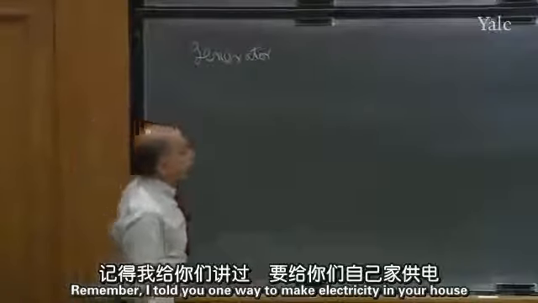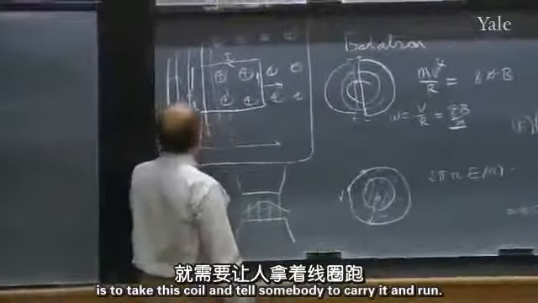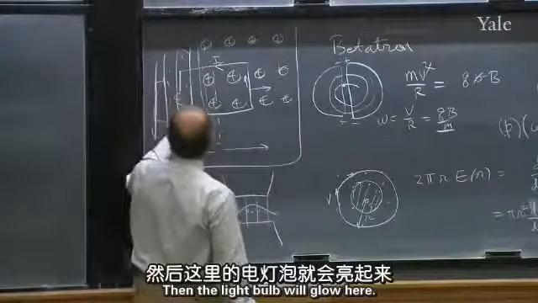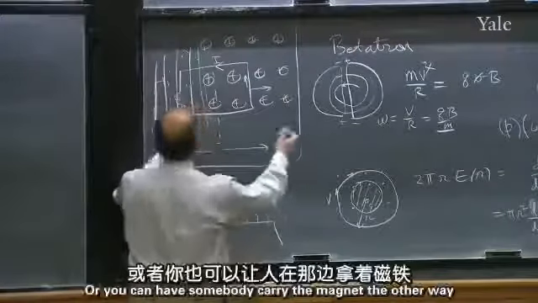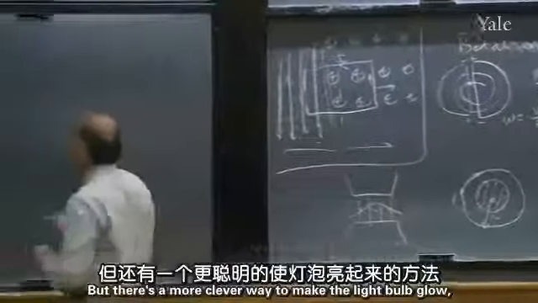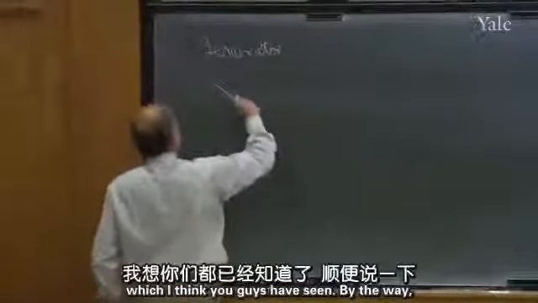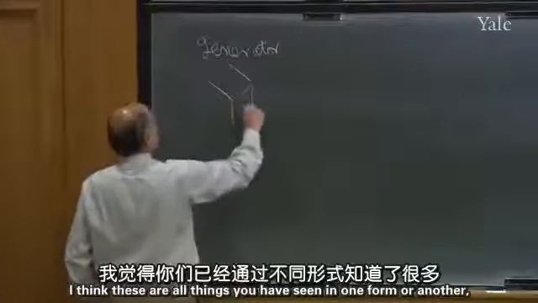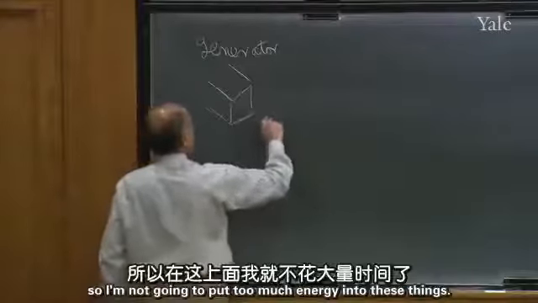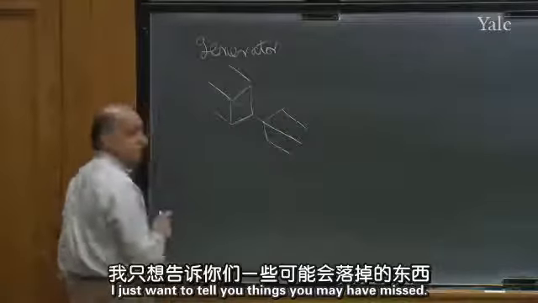Remember, I told you one way to make electricity in your house is to take this coil and keep on running, tell somebody to carry it and run, then the light bulb will glow here. Or you can have somebody carry the magnet the other way and the light bulb will glow in your house. But that's a clever way to make the light bulb go, which I think you guys have seen. By the way, I think these are all things you have seen in one form or another, so I'm not going to put too much energy into these things. Just want to tell you things you may have missed.